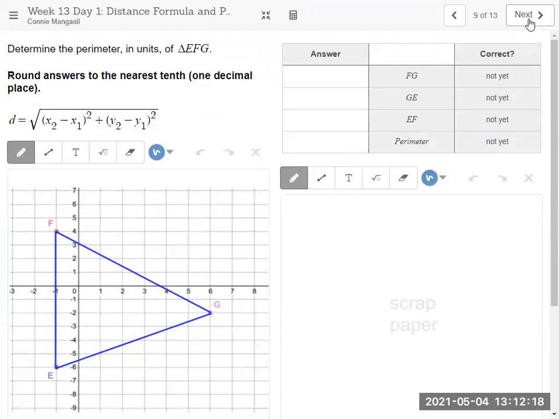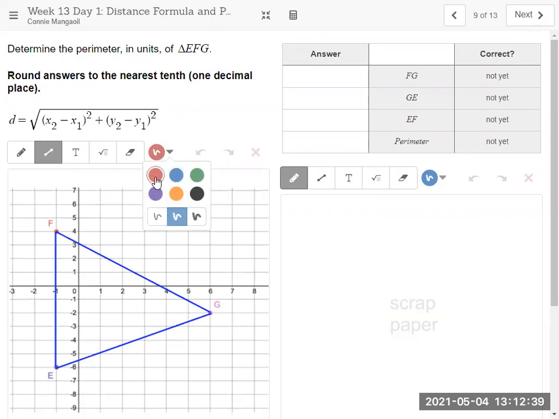Okay, so I just have 3 minutes for the next one, but let me just get started here. All right, so here you are given a triangle. We'll fill this table up, all right? So since it's in the grid, we can just use the Pythagorean theorem. So the first thing that we want is to find FG. This is your FG, okay? We will draw a right triangle through FG, just like we did earlier, okay?